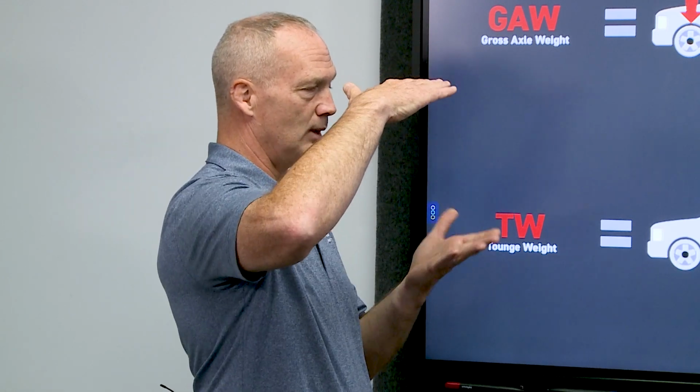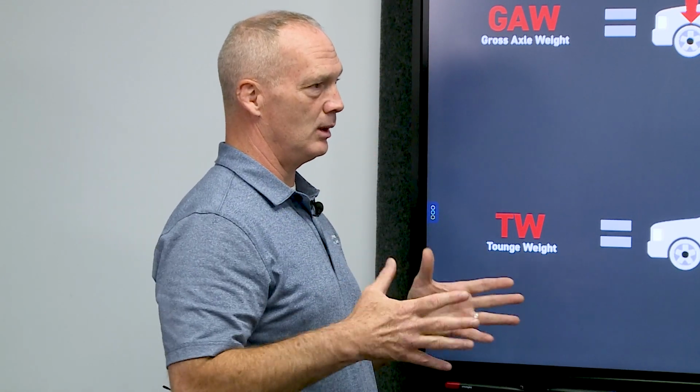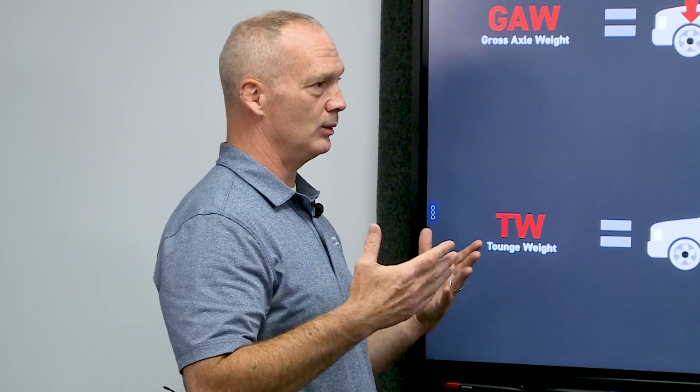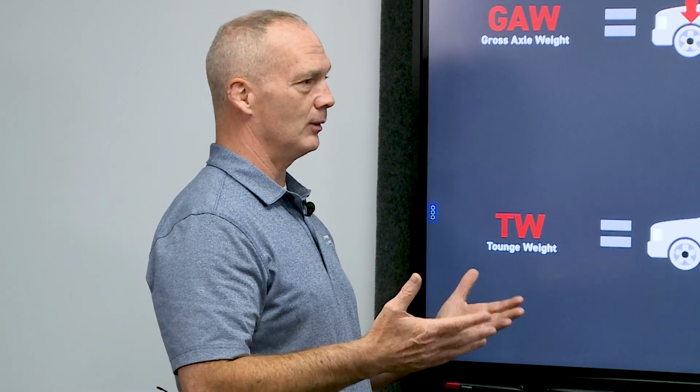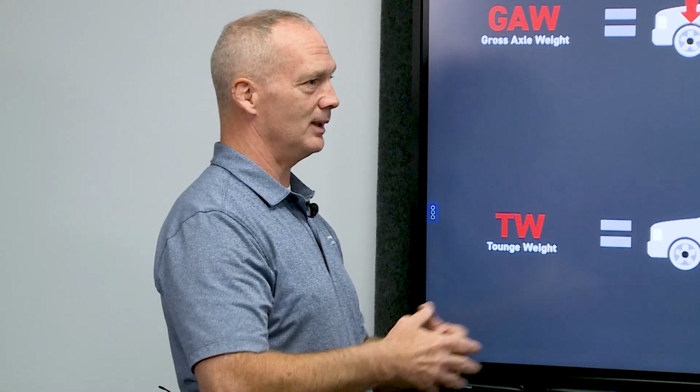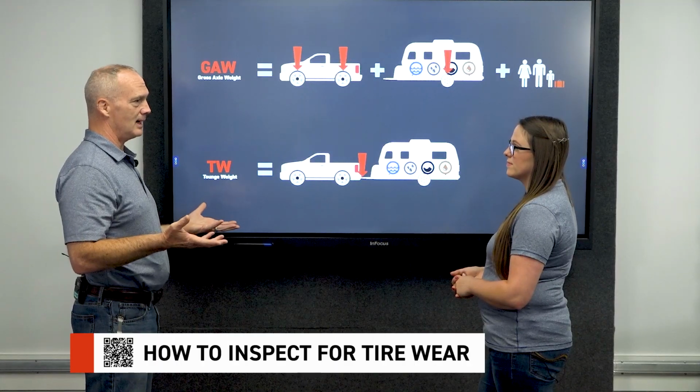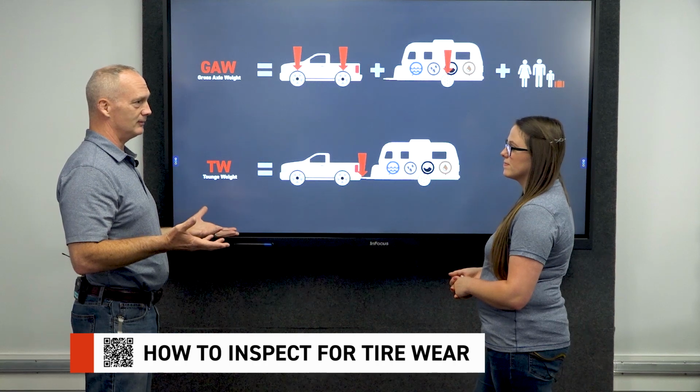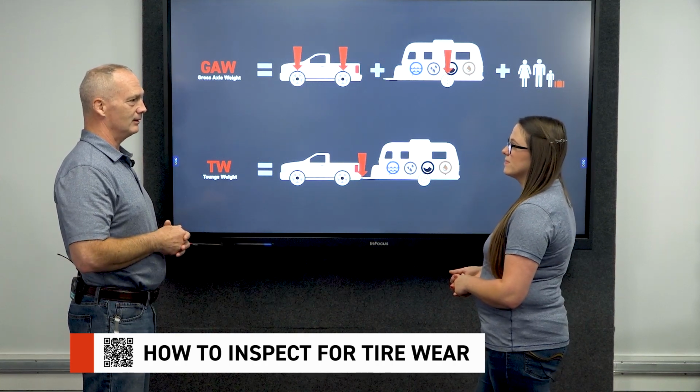So if you put too much weight, they'll straighten up and you won't have that toe that you want with your tires going forward, and then it just snowballs from there. And also, tire wear in and of itself is a sign of all of that.